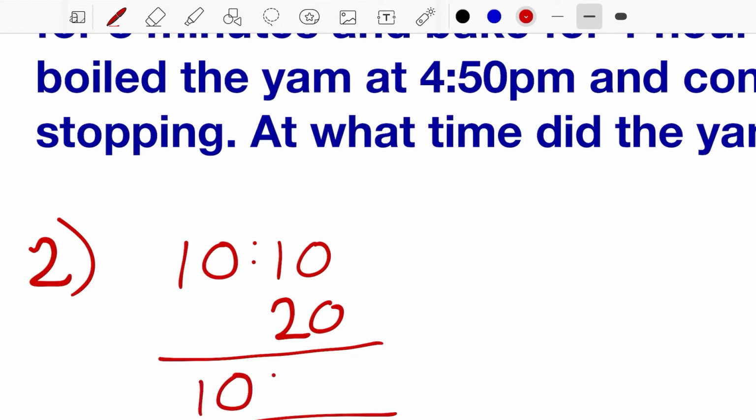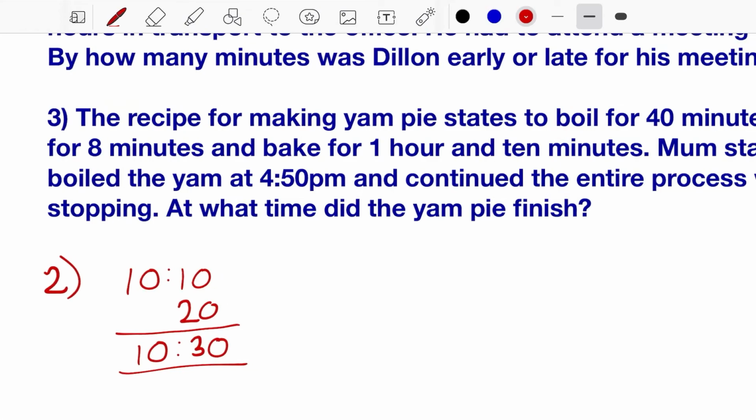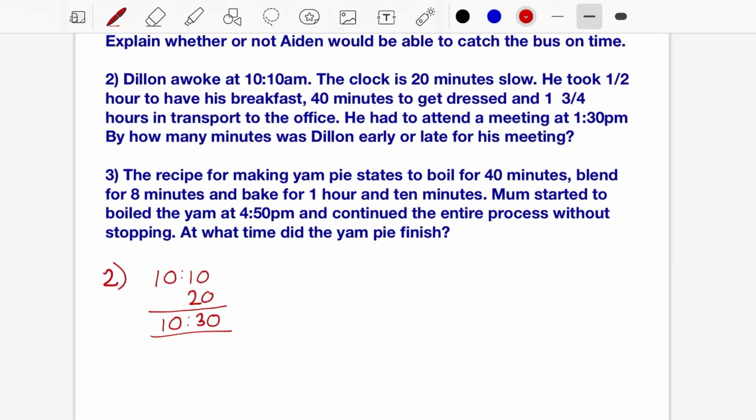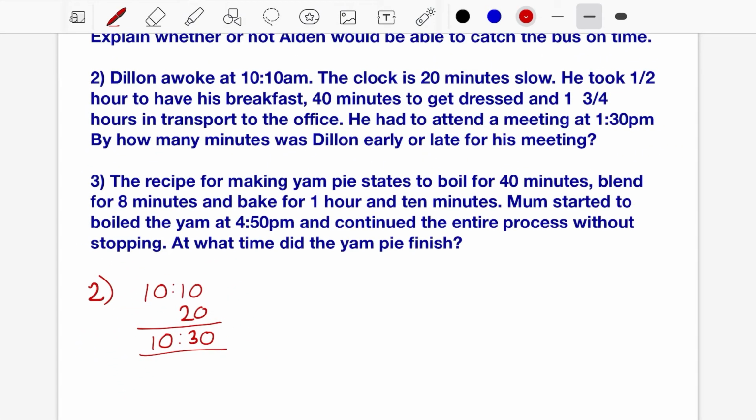So the correct time is 10:30 a.m. So we are going to add the different durations for all his activities. We are going to add half hour, which is 30 minutes, 40 minutes, and then 1 hour and 3/4.